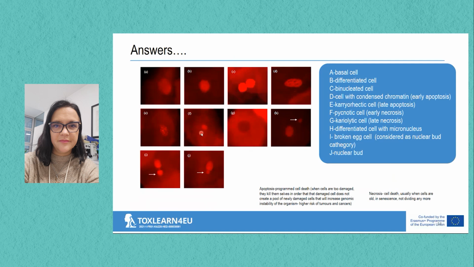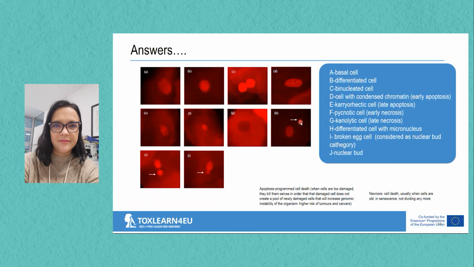Here we are coming to necrosis. So this is a pyknotic cell, a really shrunken nucleus when you compare it to the cytoplasm and to other nuclei. This is the ghost cell, so it doesn't have the nucleus anymore, and it is called the karyolytic cell and represents the late necrosis.